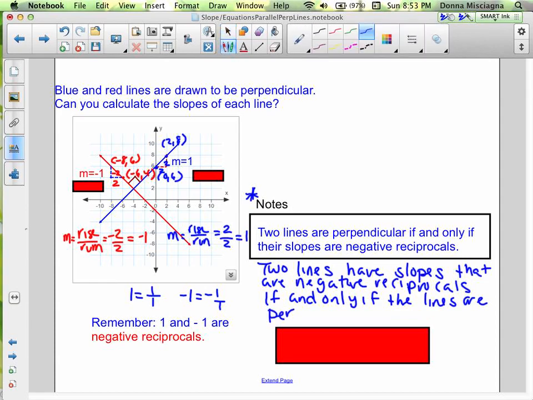So the if and only if means the definition goes both ways. Two lines are perpendicular if and only if their slopes are negative reciprocals.